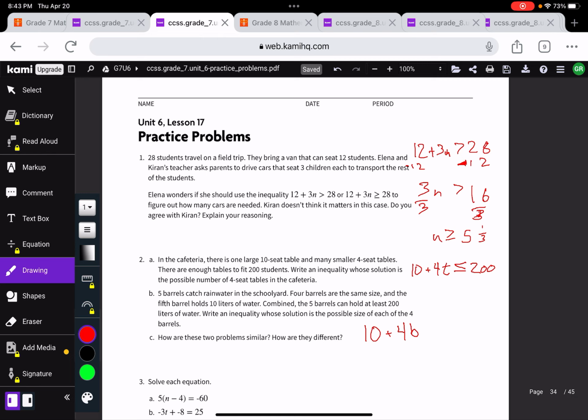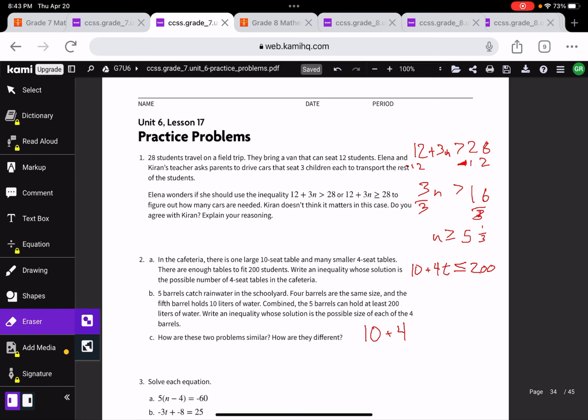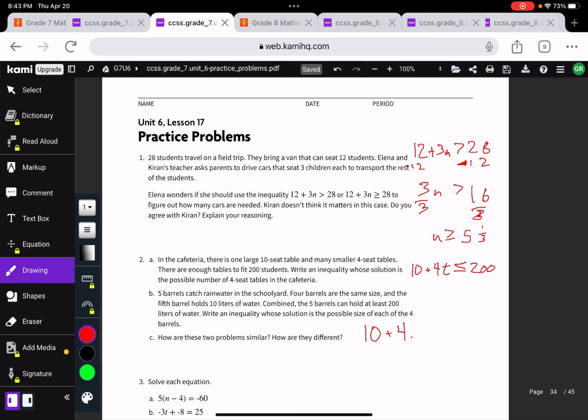I won't use B for barrels, but technically I think it should be L for liters. I'm going to use a cursive L. And that needs to be, it says it can hold at least 200 liters. So technically at least means it can hold 200 liters or more.